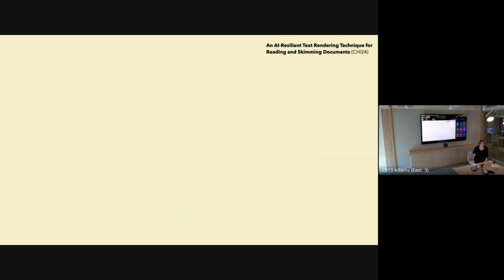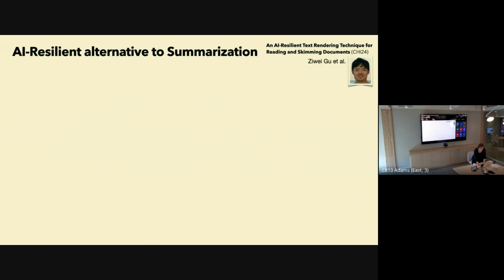Okay, because it's potentially relevant to Semantic Reader, I'll quickly tell you about slightly older work, from one CHI ago, the AI-resilient text rendering. This was led by Ziwei Gu, a wonderful PhD student who, unfortunately, because of visa situations, cannot present AbstractExplorer, which I'll present next in Korea.